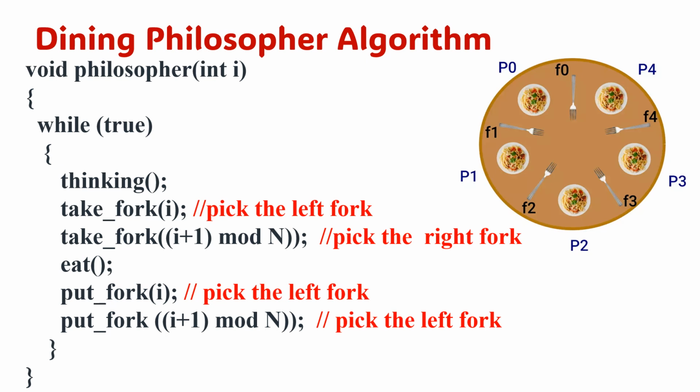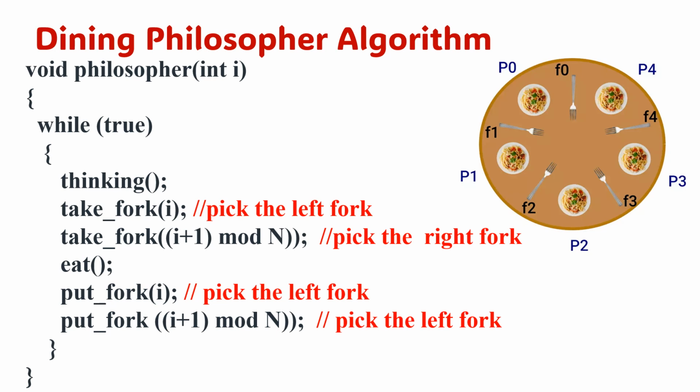So he starts eating, he enters into the critical section. So P0 has to wait till P1 finishes eating and keeps back F1 and F2, and only then can P0 start eating. This waiting condition is called a race condition.